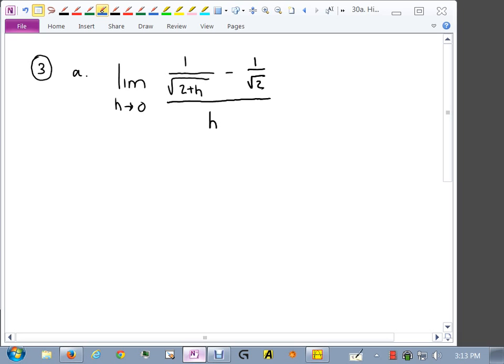Let h go to 0 right now and see what you get. It's 1 over root 2 minus 1 over root 2, which is 0 over 0. And then we just move on to the next problem, right?